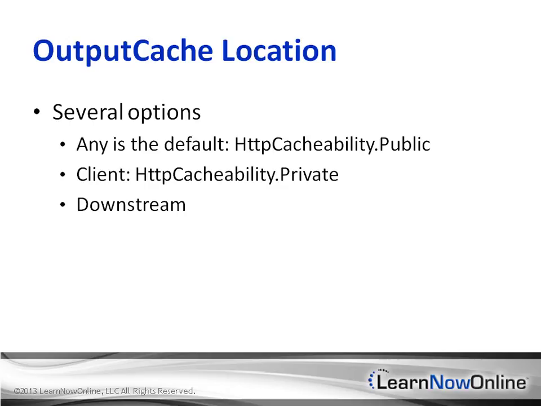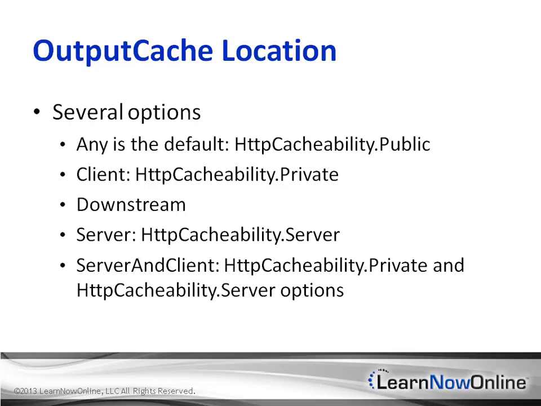So that includes proxy servers as well as the client, the browser, that made the original request. Another option is Server. So the output cache is located on the web server where the request was processed. And this value corresponds to the HttpCacheability Server enumeration value.